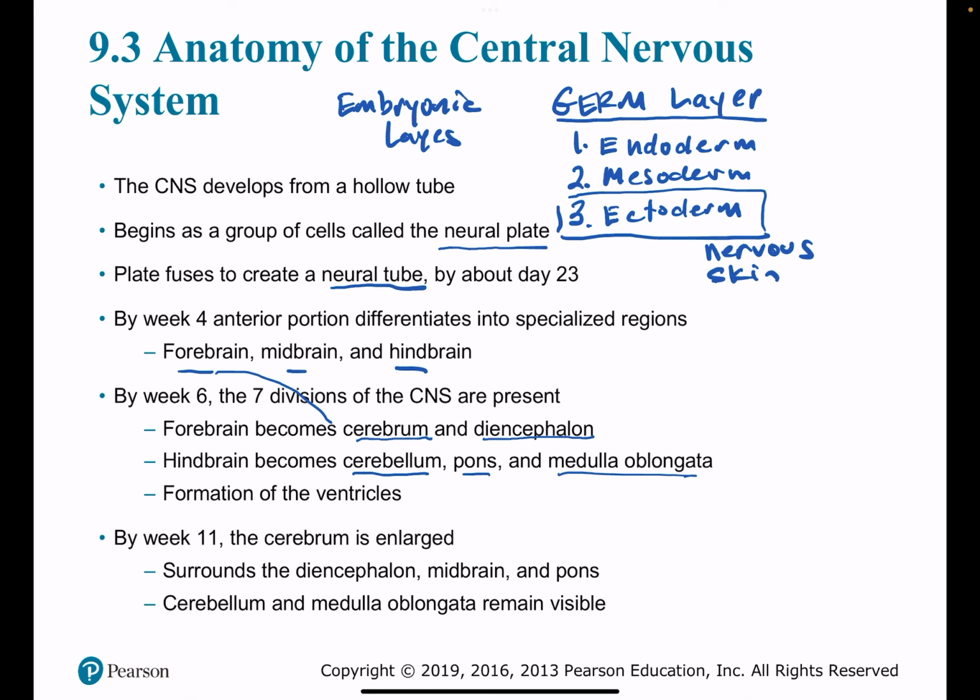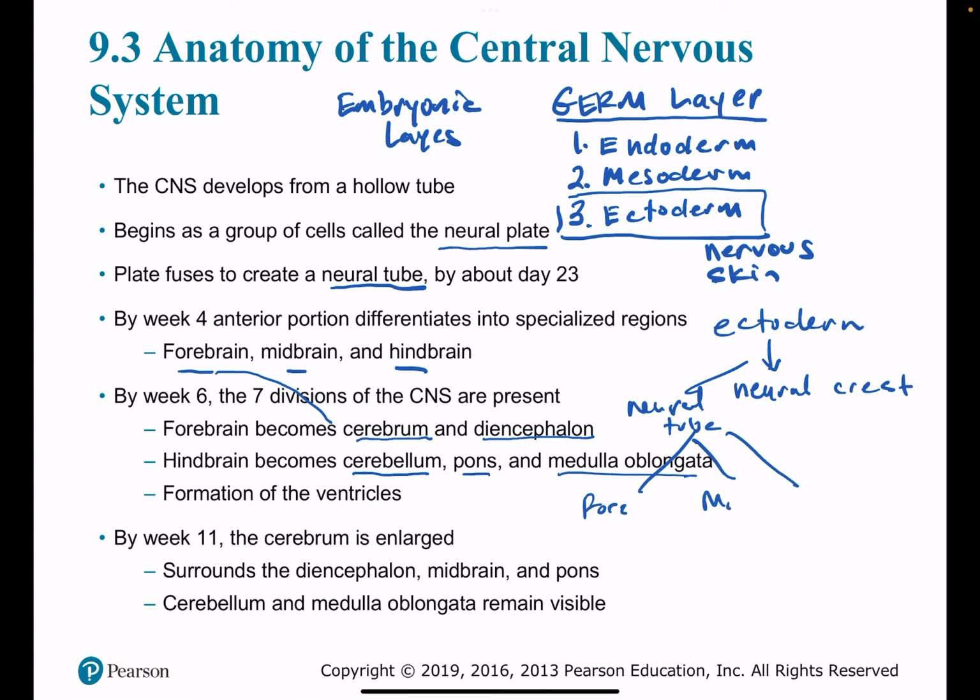So for instance, you could go ectoderm will lead to the neural crest, but also the neural tube. And from the neural tube, we get three things, being the forebrain, the mid, and the hind.